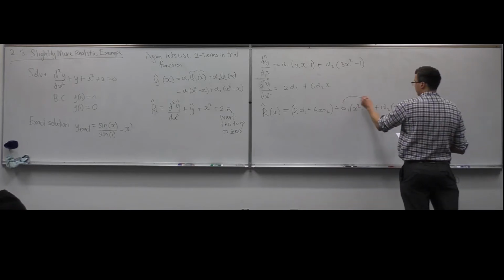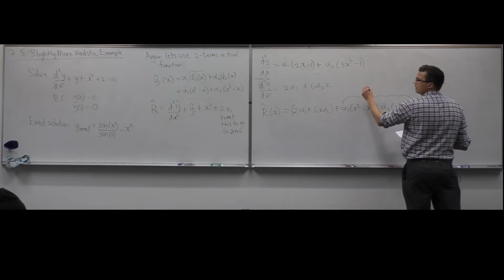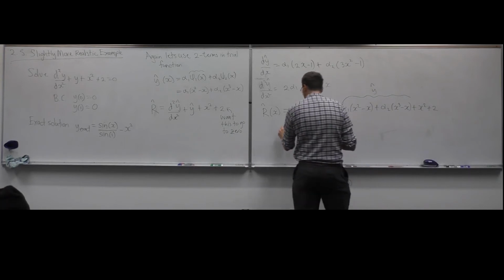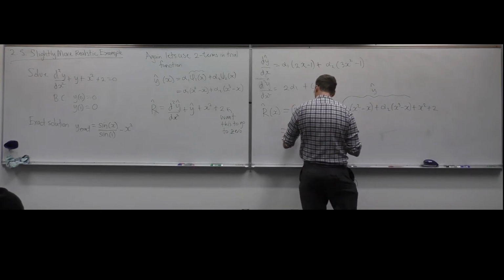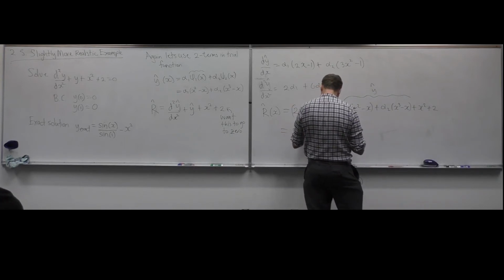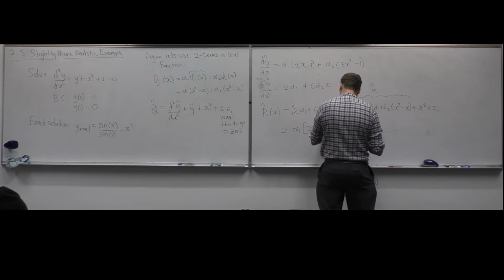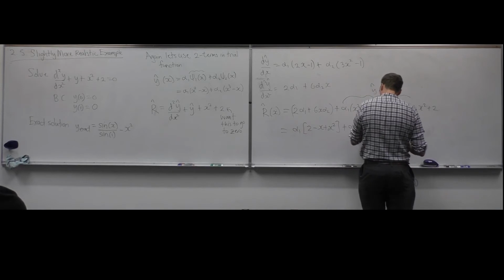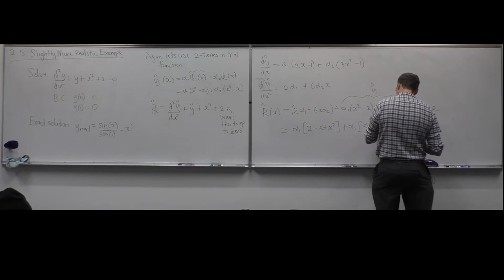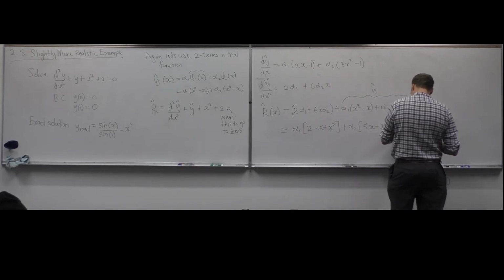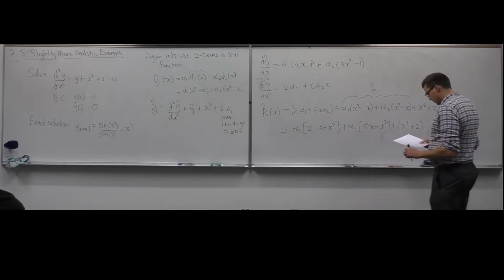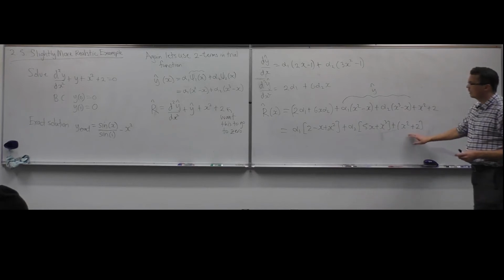So this is just y hat here, right? And then we can collect terms. So we have alpha 1 (2 minus x plus x squared) plus alpha 2 (5x plus x cubed) plus x squared plus 2. Okay, so that's our residual.